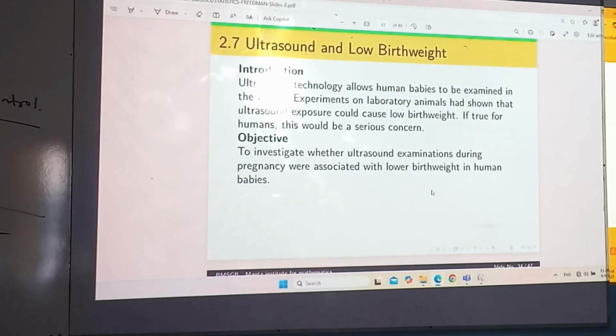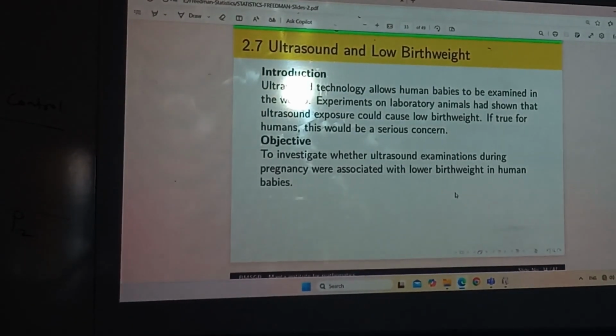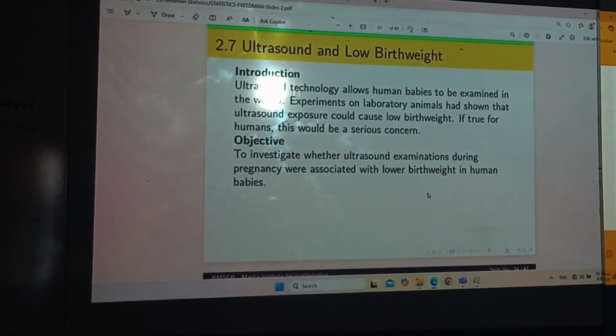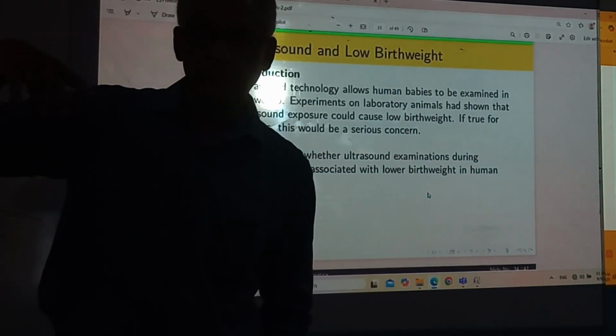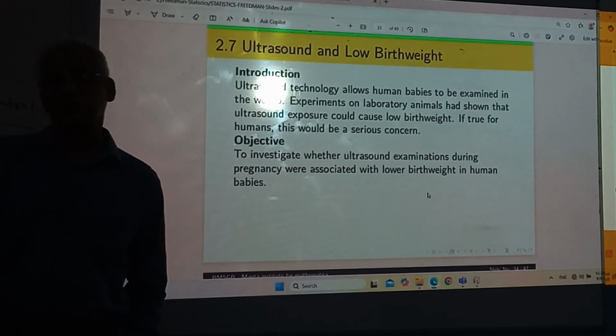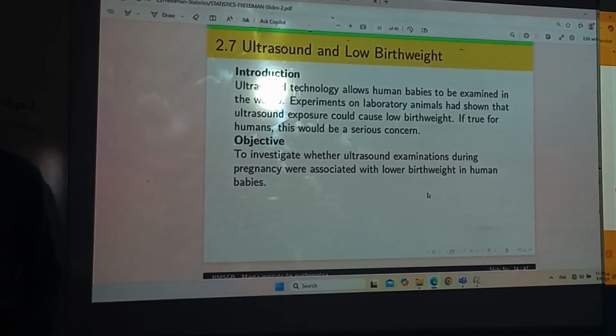So similar example here, ultrasound and low birth weight. So in this problem, earlier there were some experiments with some animals to find out whether there is an effect on the birth weight from ultrasound tests.